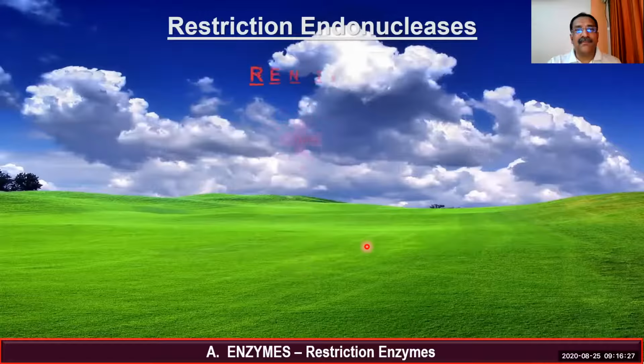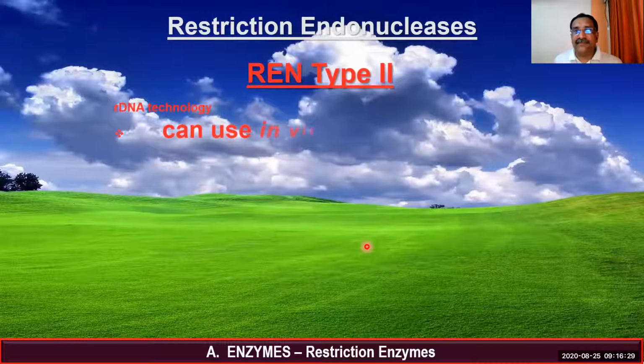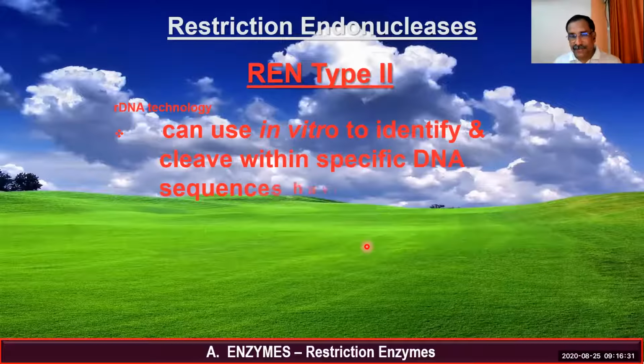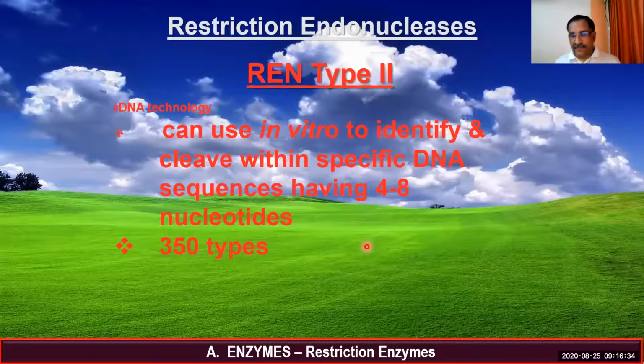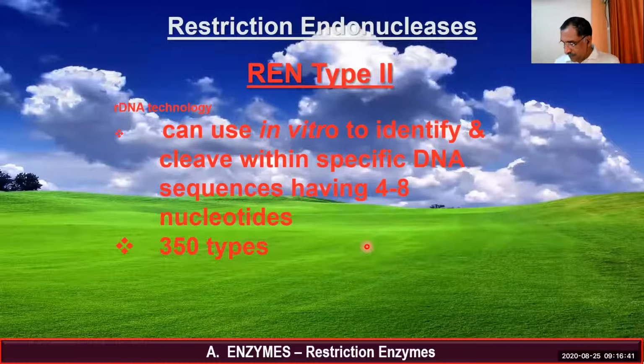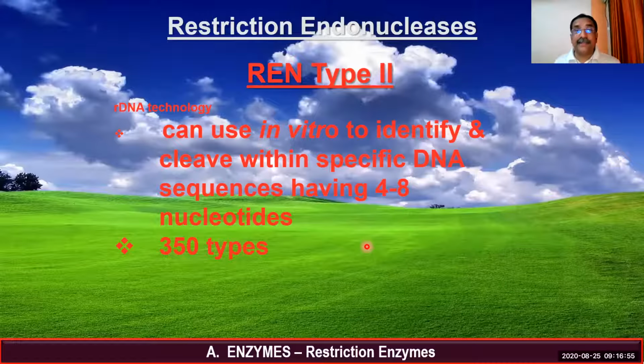Then we have seen the type 2 enzyme in detail. This is the enzyme which we use mostly in rDNA technology, because this enzyme is capable of identifying a specific sequence of 4 to 8 nitrogen bases, and then it can cut the DNA in vitro.